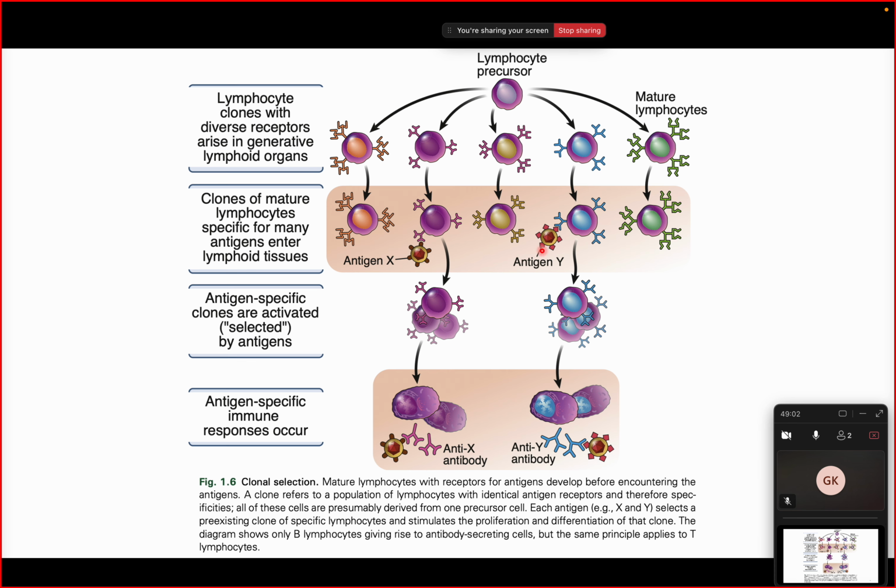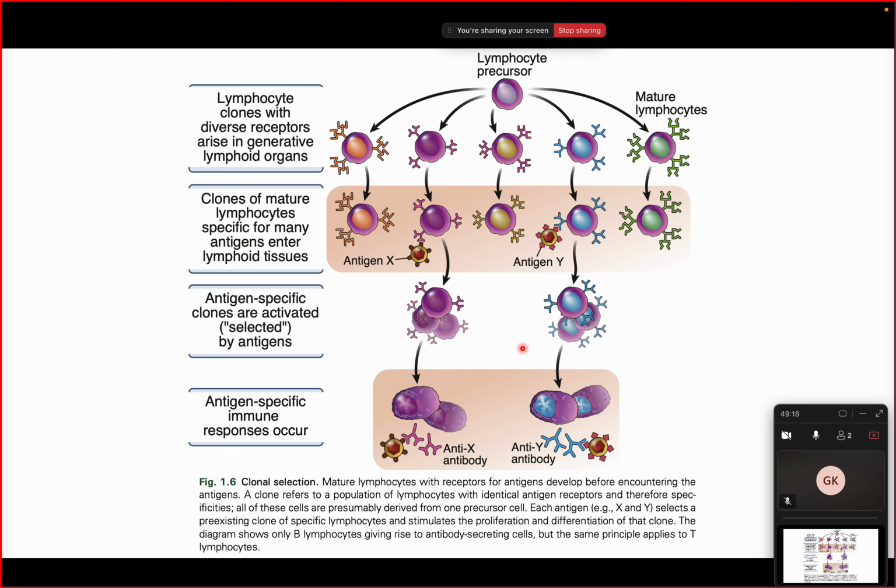Similarly, this cell will be selected to deal with an antigen which has a specific type of PAM. This is called clonal selection. And this is how the activity of an antibody is determined.